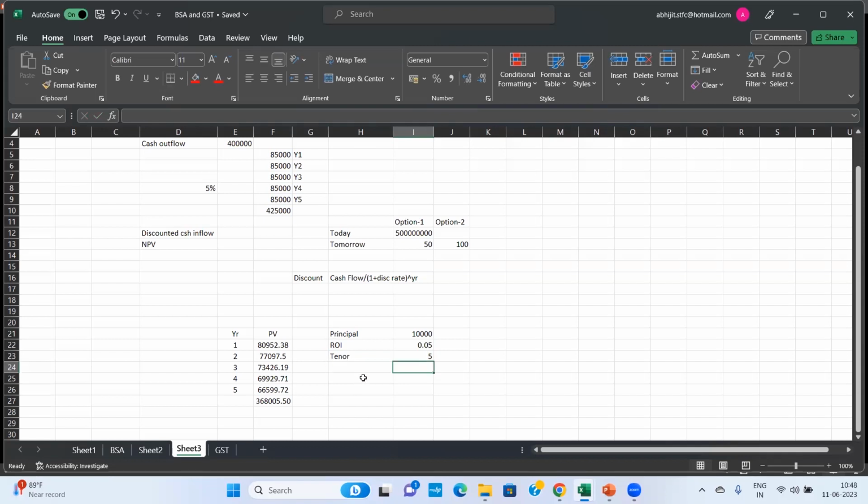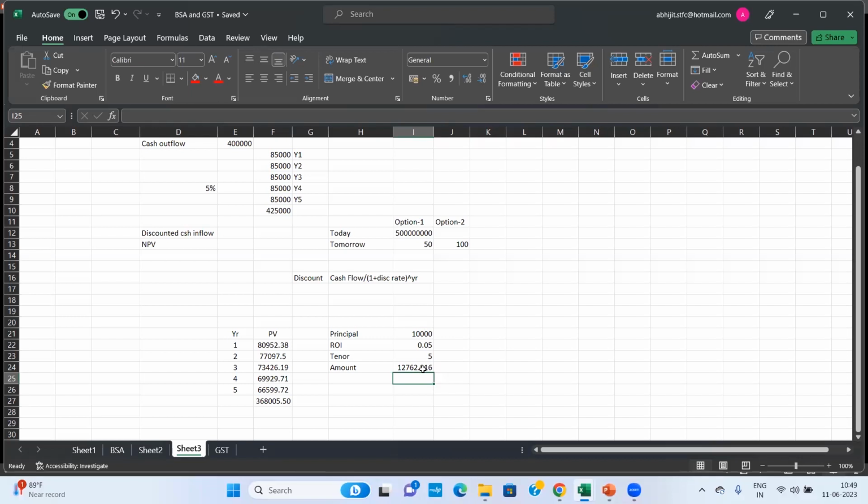Right. So what is my amount? My amount is 1,000 times 1 plus 0.05 to the power 5. This is going to be my amount.